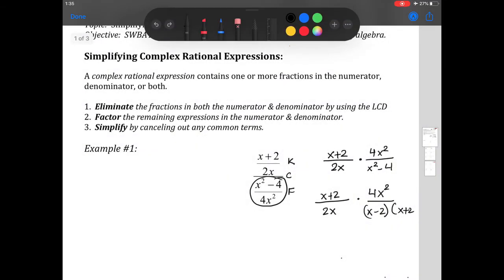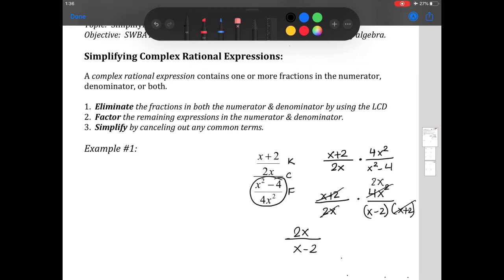You can cancel any quantity in the numerator with the denominator. So x plus 2 and x plus 2 cancel. And 2x goes into 4x, 2x times, right? And your final answer is 2x over x minus 2.